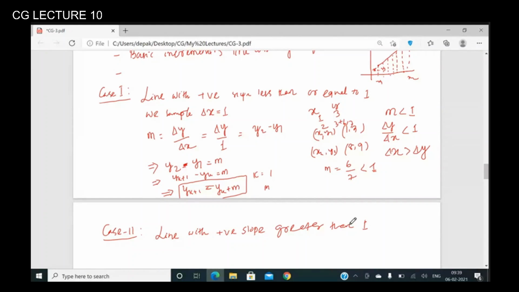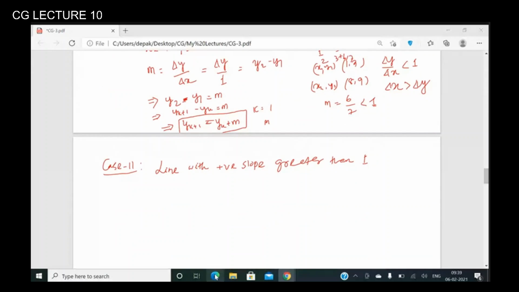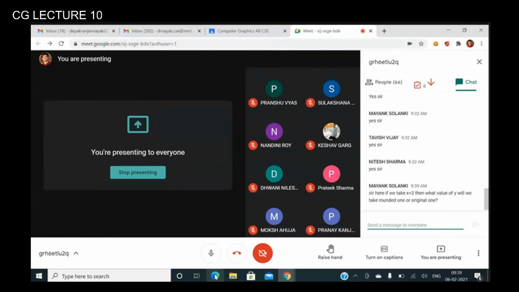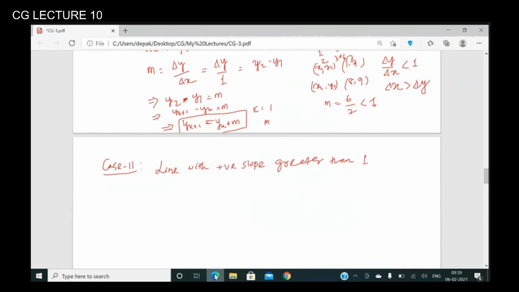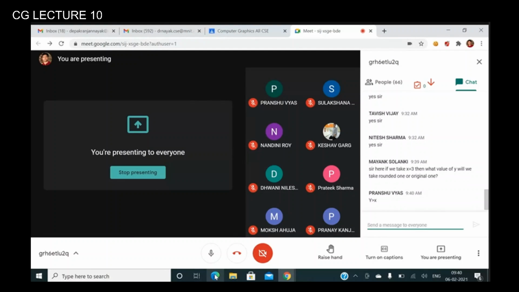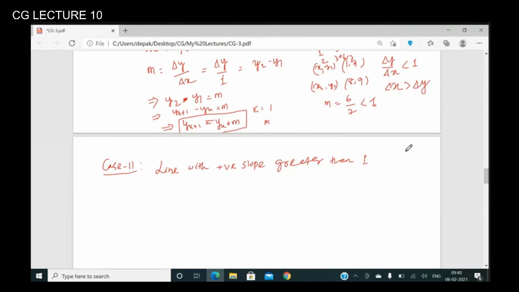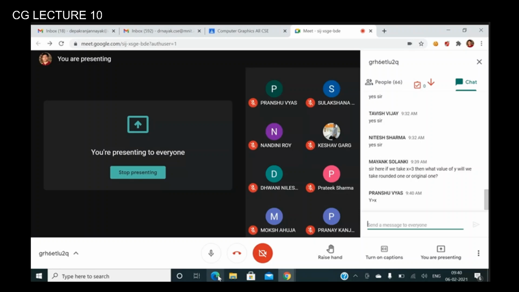Is del y greater than del x, or del x greater than del y? Okay, so del y is greater than del x here in this case, right? Del y is greater than del x. So then will we sample the y-axis or the x-axis?